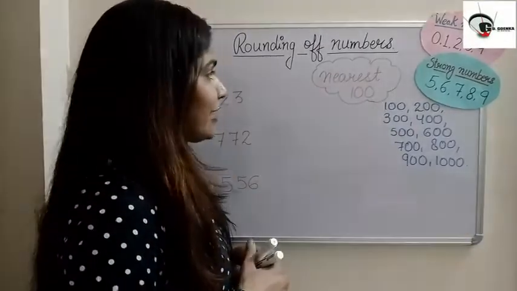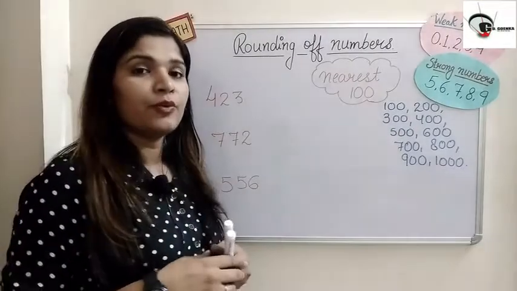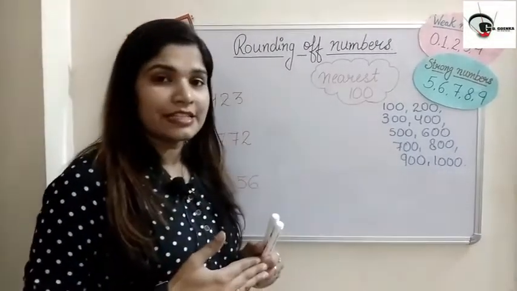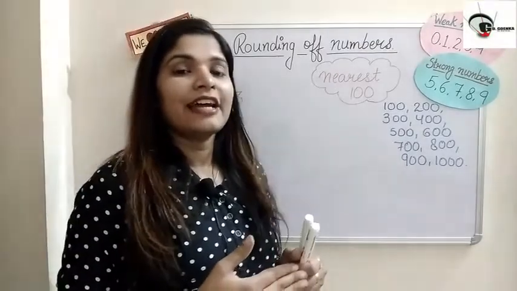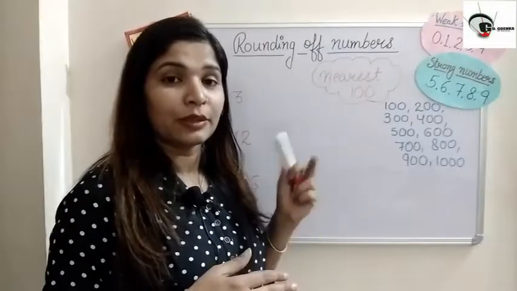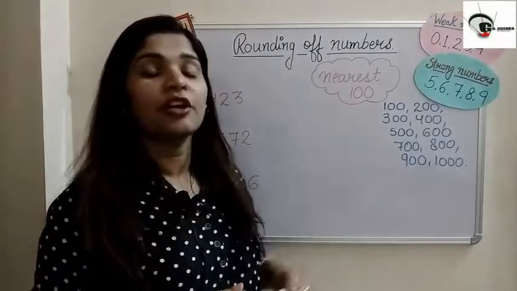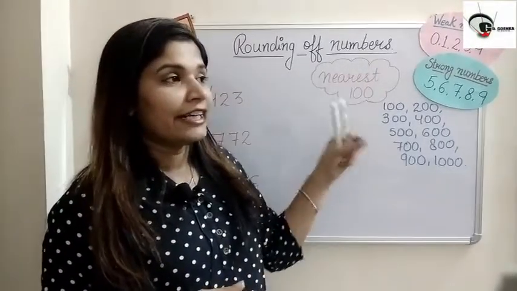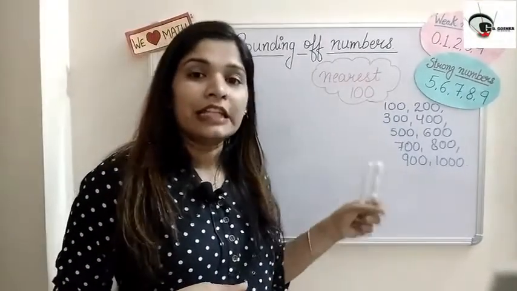Children, in the tens video, when we were rounding off to the nearest 10, we looked at the number at the tens place. Similarly, as we are rounding off to the nearest 100, here we are going to identify the number at the 100 place.